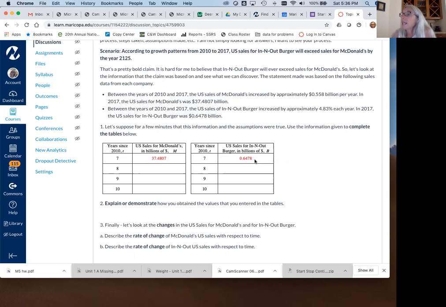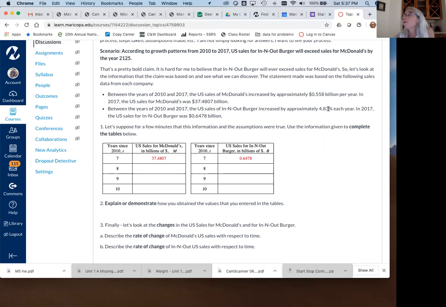Well, first of all, I can't just add the 4.83% to the 0.6478 because those are different units. This isn't billions of dollars. This is a percentage. I can't just add a percentage to a dollar amount. It's meaningless. The only thing I can add to a dollar amount is another dollar amount.